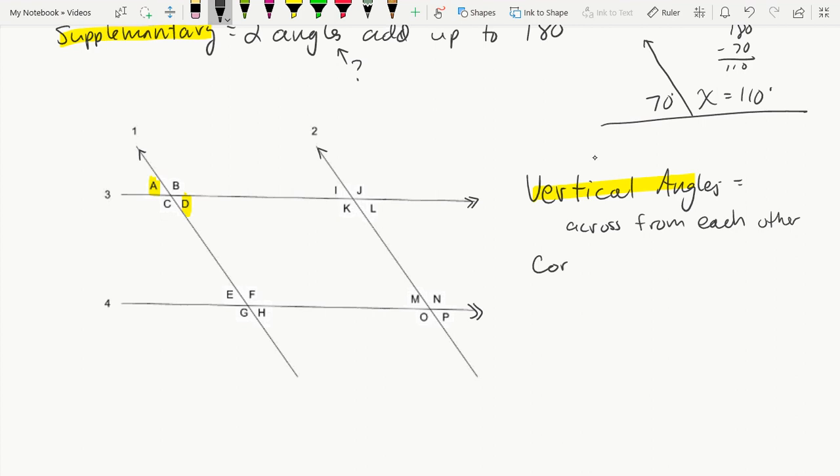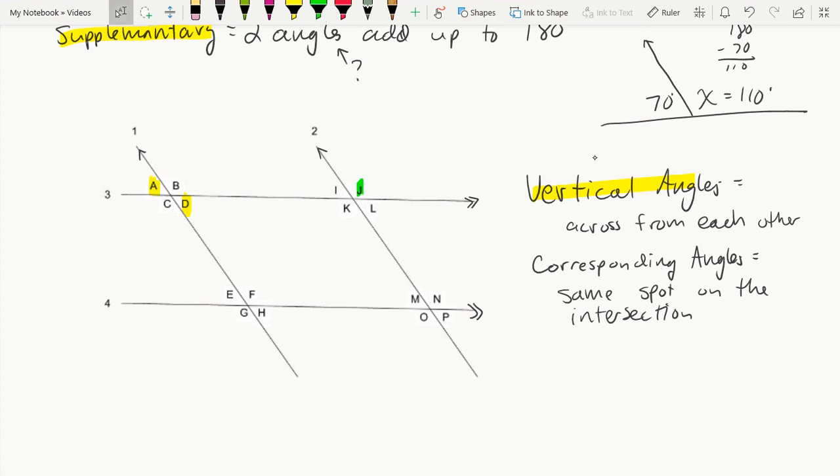Another one is going to be corresponding angles. And this one, I like to think of this as same spot on the intersection. So let's now go to green and let's think about what corresponds with J. Well, J is in the top right corner of its intersection.